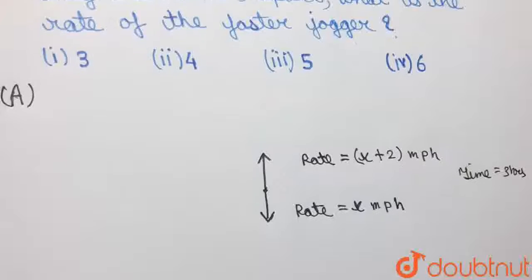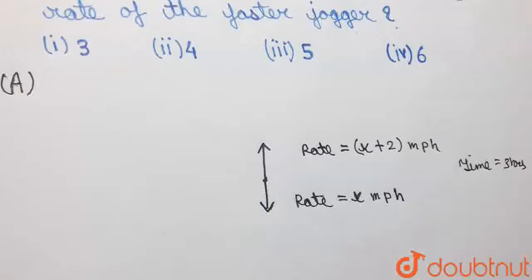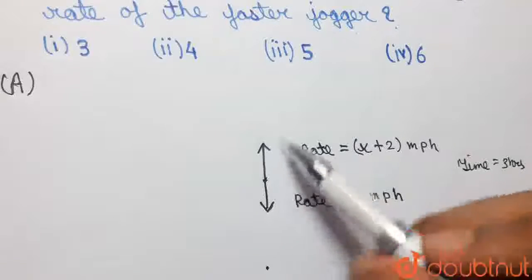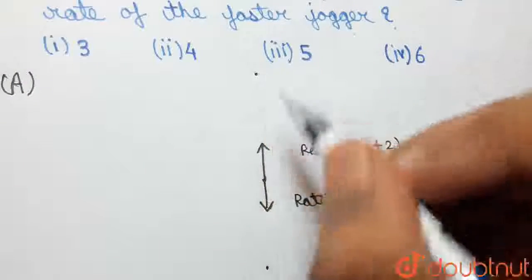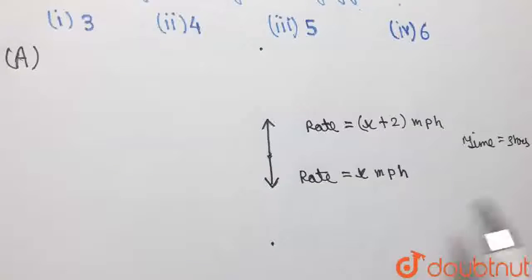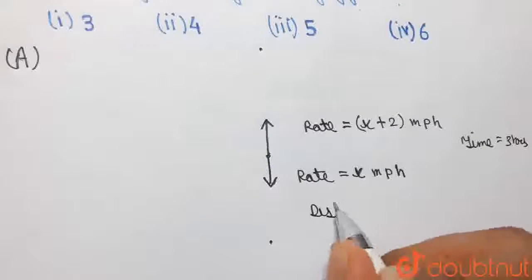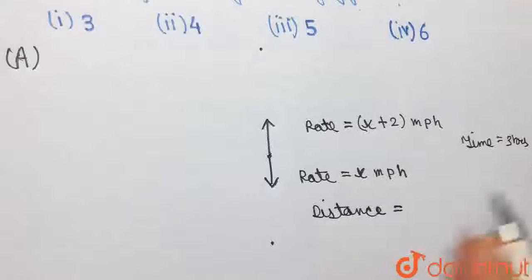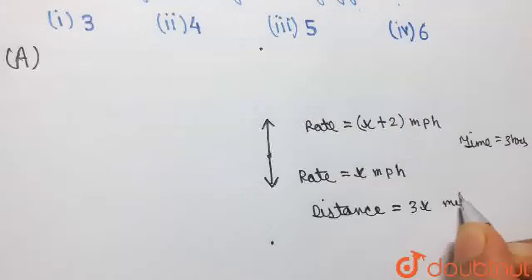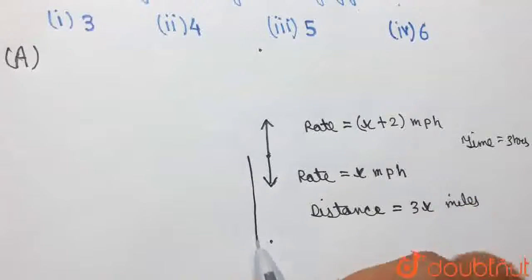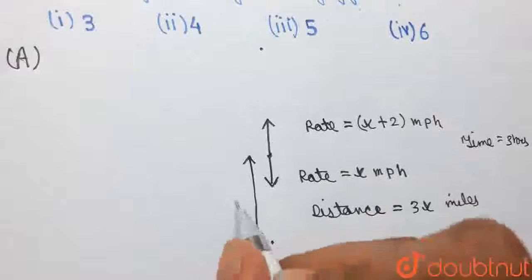Let us assume that after 3 hours this jogger reached this point, and the other jogger reached this point. The jogger who ran in this direction ran at a rate of x miles per hour for 3 hours, so the total distance covered by him is the product of the rate and the time, which is 3 into x, that is 3x miles, as the rate is in miles per hour and the time is in hours. So this length is 3x miles.